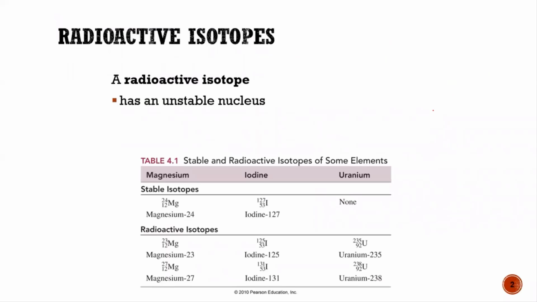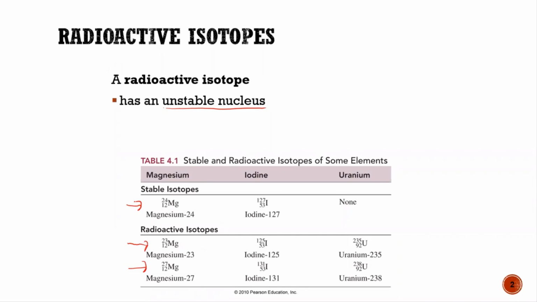So here are some examples. Radioactive isotopes are basically nuclei that are unstable, and because they're unstable, they try to stabilize by shooting out what we consider radioactivity. Radioactivity is basically small particles shooting out at high speeds. Some of the radioactive isotopes we see right here are magnesium-23 and magnesium-27, but magnesium-24 is pretty stable.